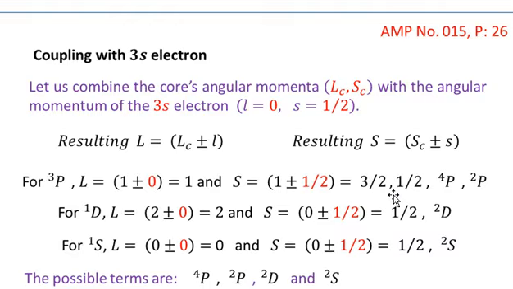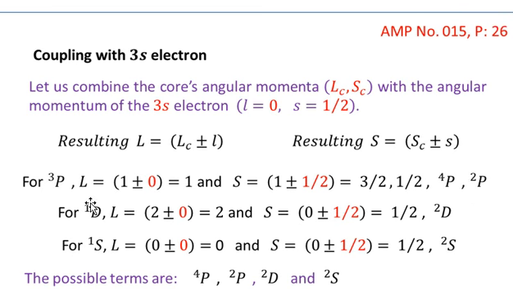So using these two values, I have obtained the multiplicities equal to 4 and 2. So for the 3P, when I used the 3P term from the 2p2 electrons, and when it is combined with the 3s electron, I obtained these two terms. One term is 4P and the other term is 2P.